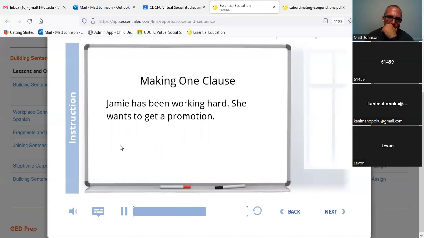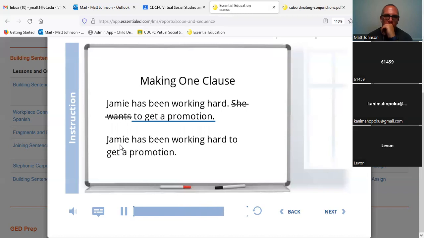What's the relationship between these two sentences? The phrase, to get a promotion, describes why Jamie has been working hard. You could make one of these sentences into a subordinate clause, but she wants isn't really an important part of the meaning. You can make a shorter sentence by using to get a promotion as a descriptive phrase. Jamie has been working hard to get a promotion.